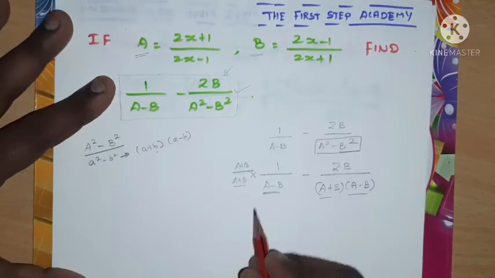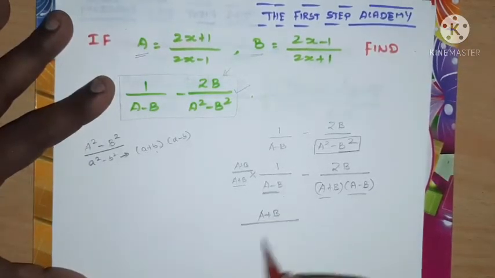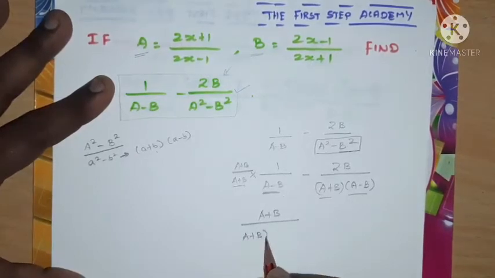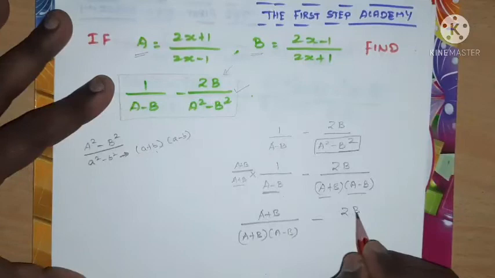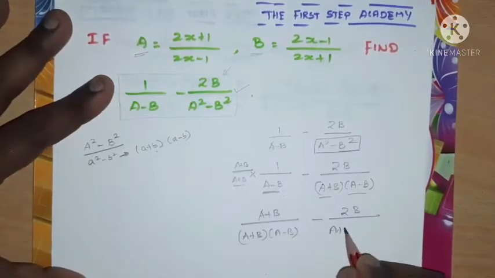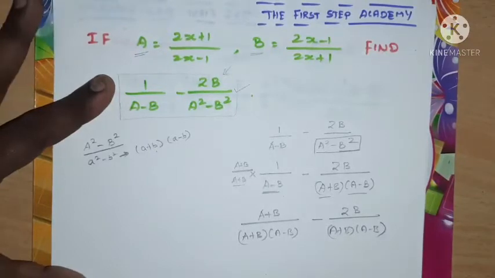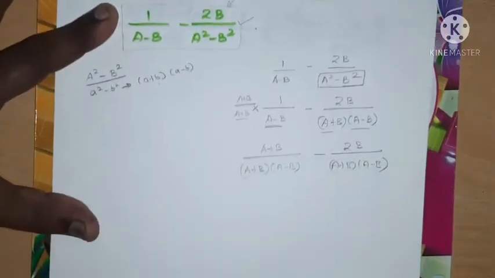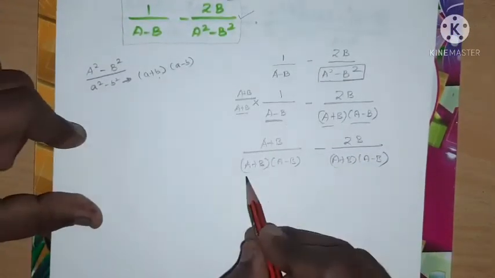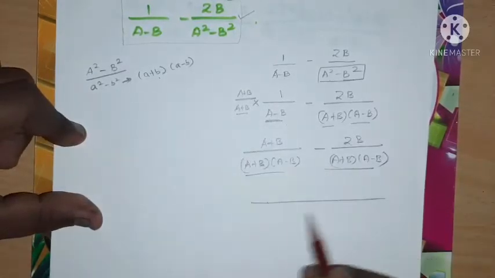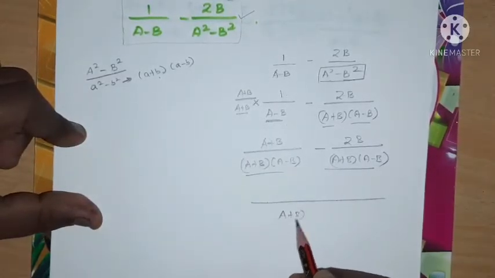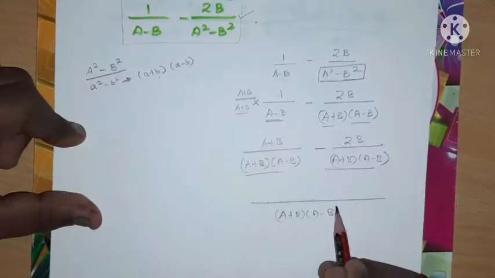Fine. Now I'm going to do that. So (a + b) divided by (a + b) into (a − b) minus 2b divided by (a + b) into (a − b). Now look, the denominator is common, hence I'm going to take the common denominator, (a + b) into (a − b).